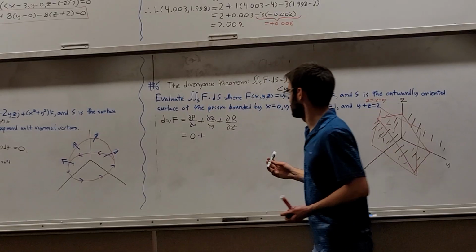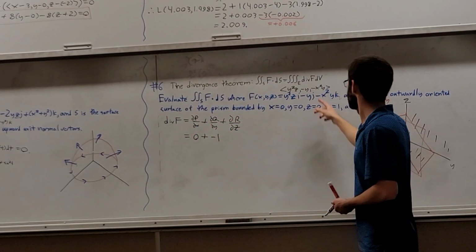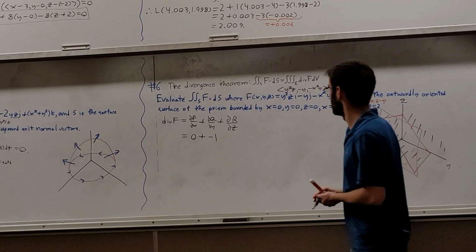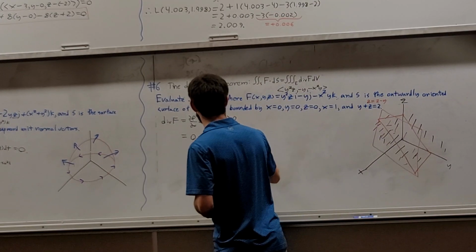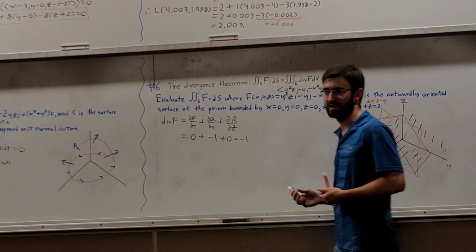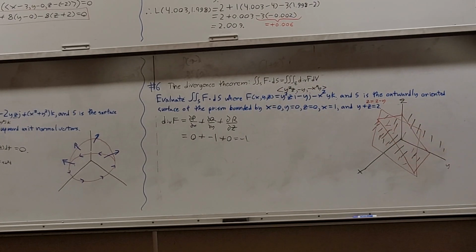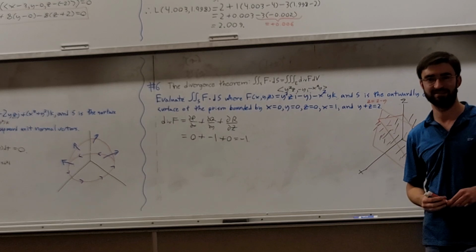Minus y, pretty simple, you get minus 1. And again, no z, so you get 0. Because this question is quite contrived, we just get a constant as our answer. It's suspicious how simple that number is.